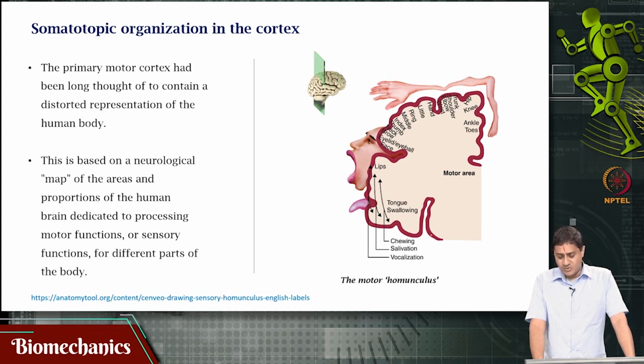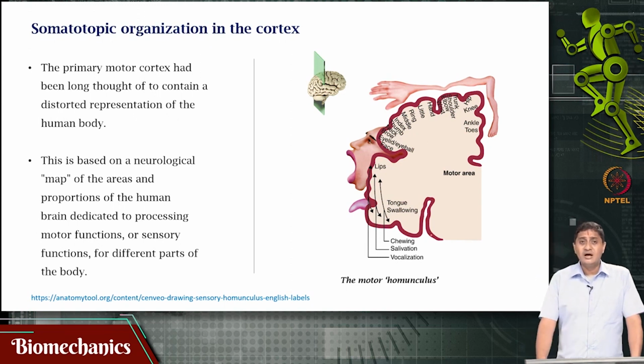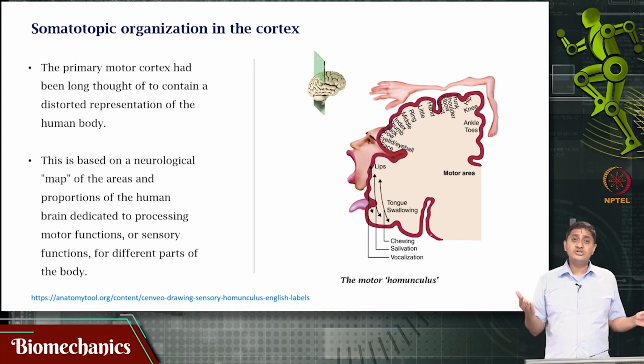And what was found was that different regions were activated by activating different parts of the motor cortex. That is something that is expected. But what was also found was that the face, mouth and hand and finger regions occupied a disproportionately large volume of the motor cortex.